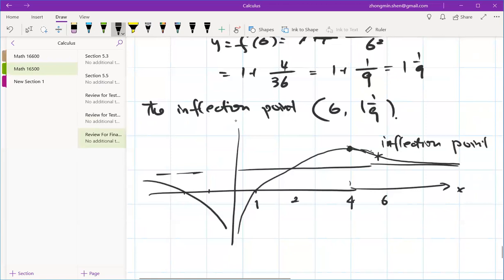You cannot continue, because the data you got is wrong. How can you sketch a graph based on wrong data, right? So it's better to sketch the graph without using the derivatives, okay? And then you find the exact location of the points.